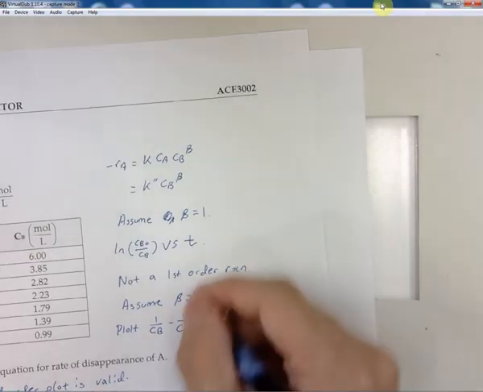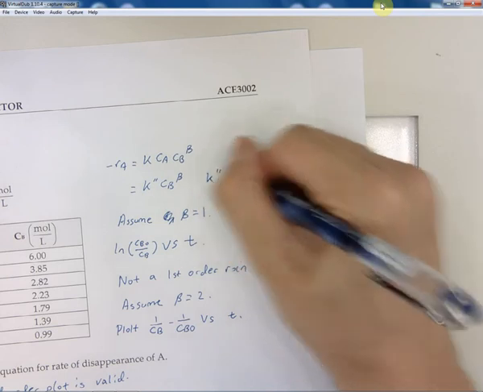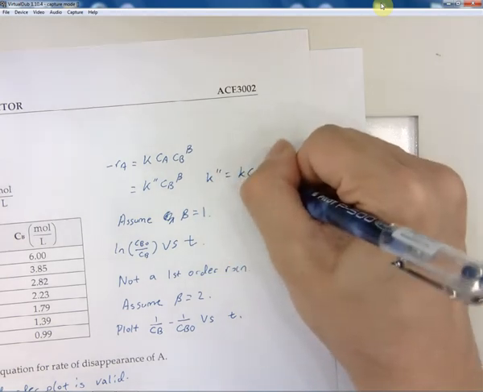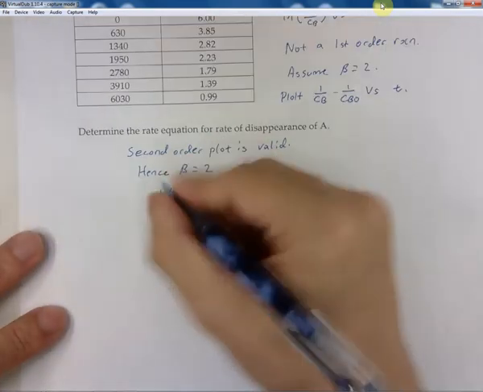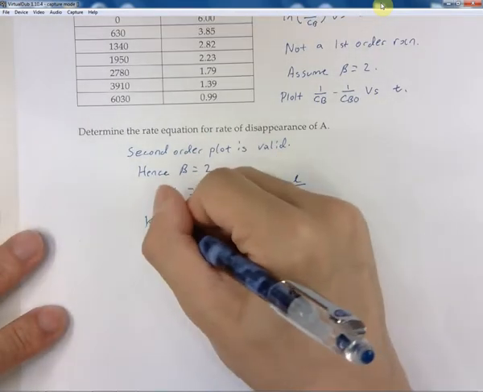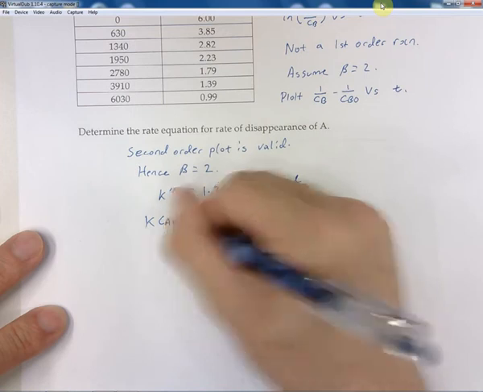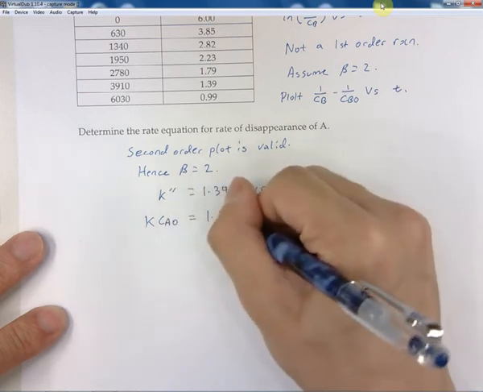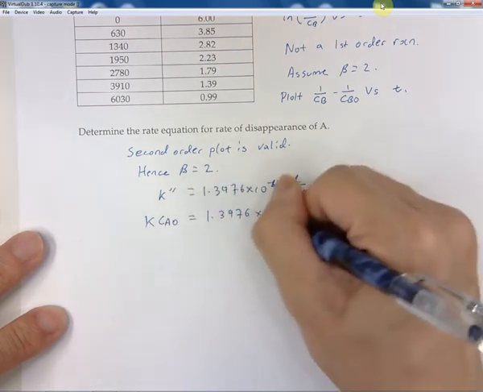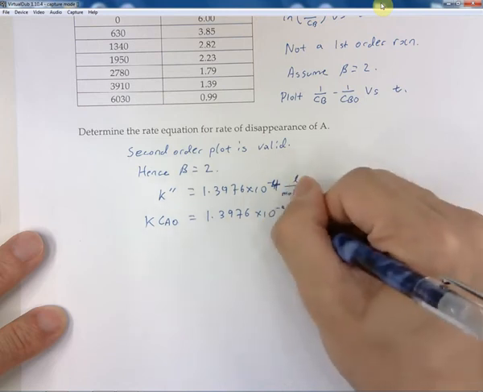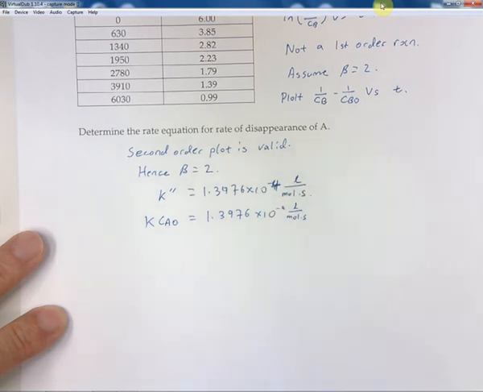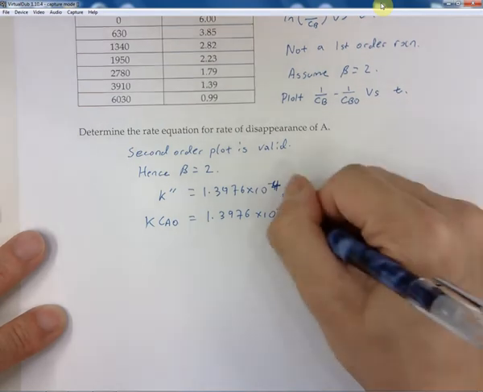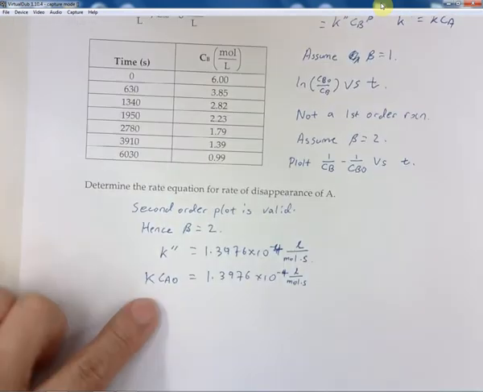But what is k prime prime? We have set from here k prime prime is kCa, and Ca is almost unchanged. So k times Ca, which is also kCa naught, is 1.3976 times 10 to the power minus 4 liter per mole per second. Okay, and what is Ca naught?